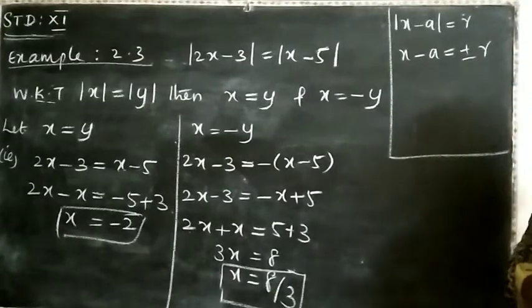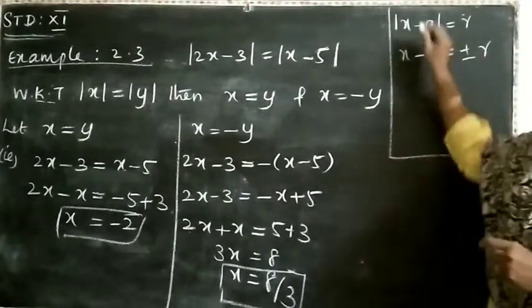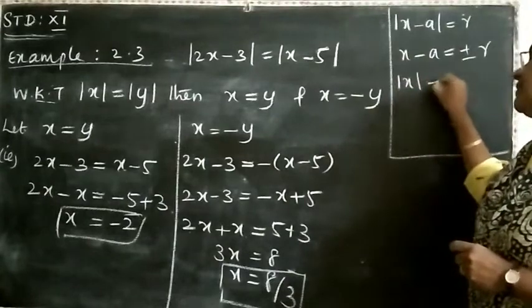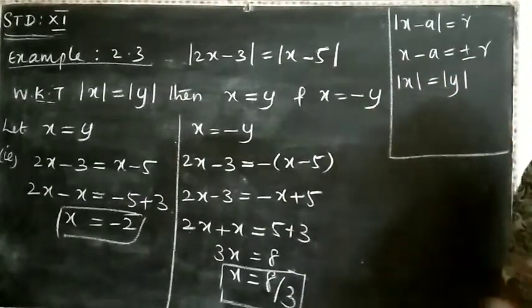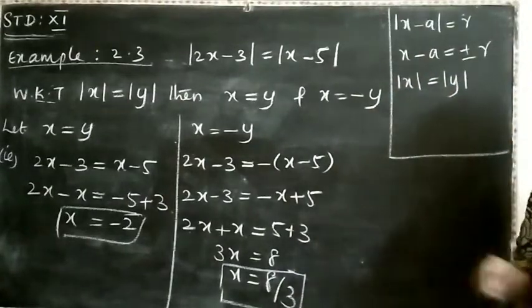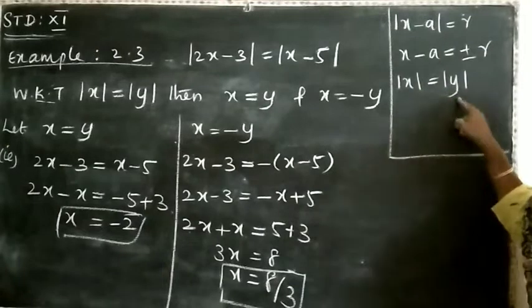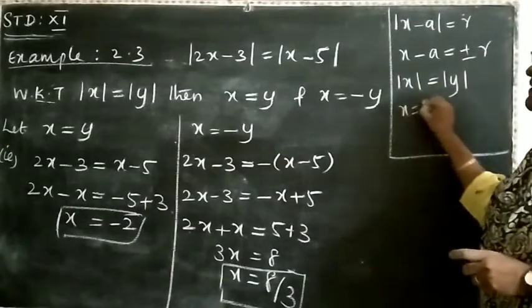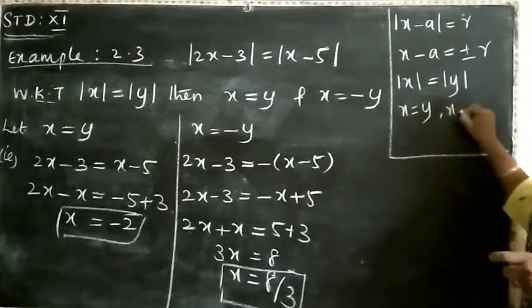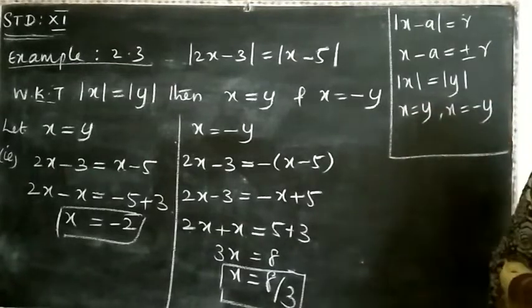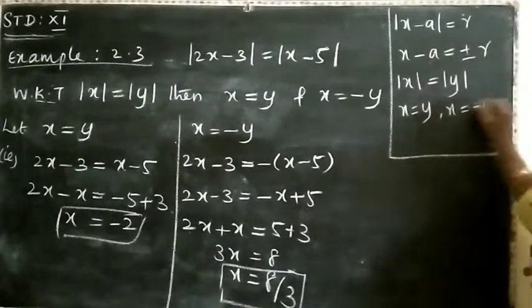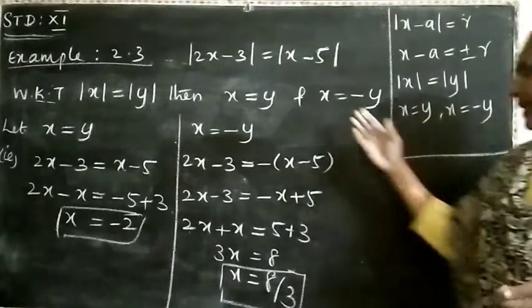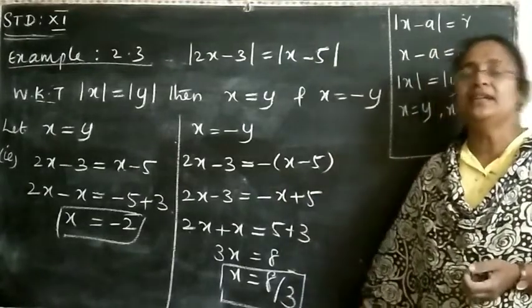That is one property. The second property we saw: if the modulus of x and the modulus of y, two different values, are equal, then I can demand either x is equal to y or x is equal to minus y. So these are the discussion. By this discussion I can proceed and find the value of x.